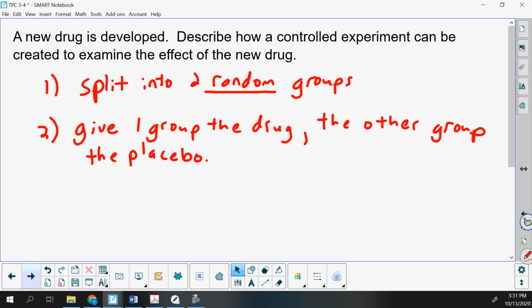If you're not familiar with a placebo, it's just something that, say if it's a person, they'll give you a sugar pill just so you think that you're getting the drug, because they've determined in studies that mentally, if you think you're getting the drug, you might just have a more positive attitude of the response of what it is. So they want everyone to have that experience of taking the medication, so that mentally there's no difference between whether the people know they ingested something or not. And then 3 will always be the same. We'll just compare the results.